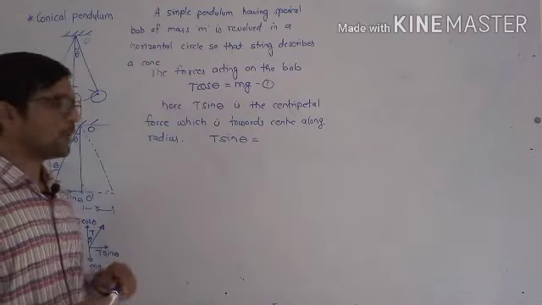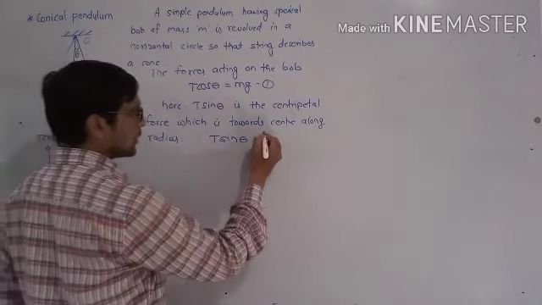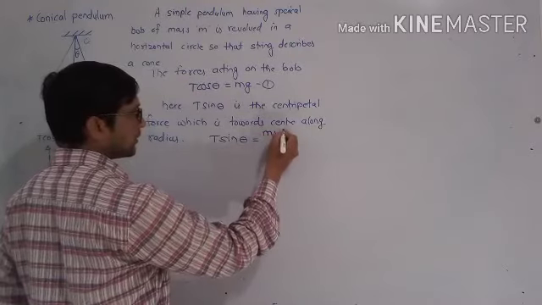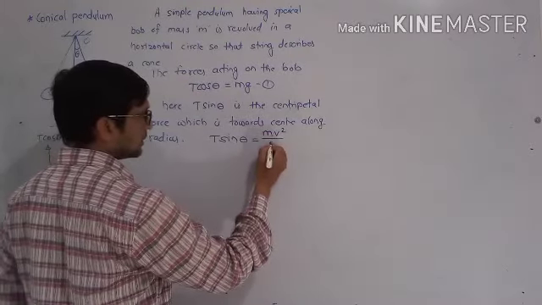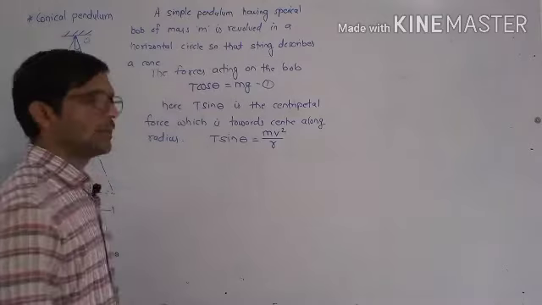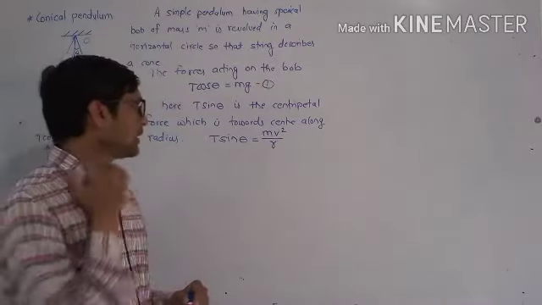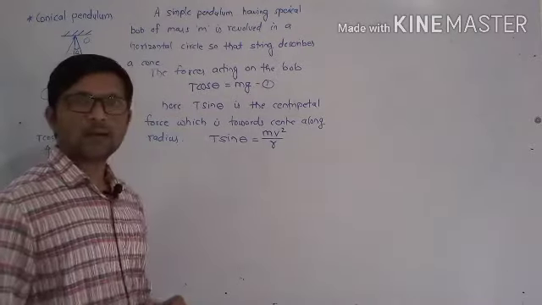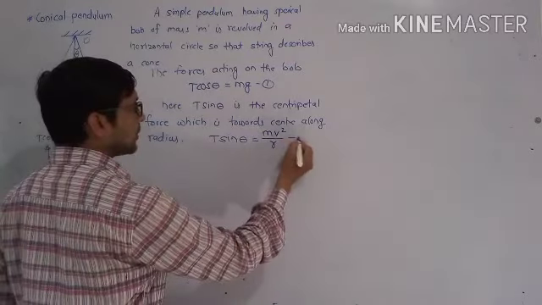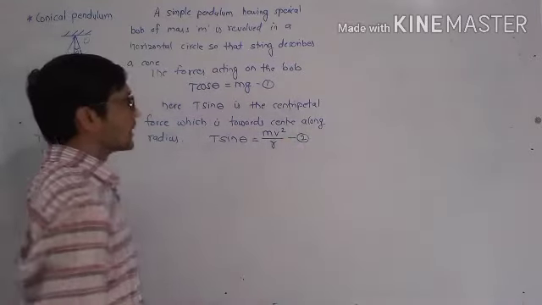So there is no angular velocity. The suitable expression for the centripetal force here is mv square by r. T sin theta is equal to mv square by r. Now this is your equation number 2.